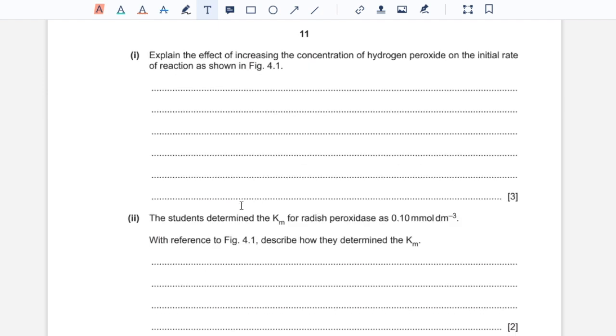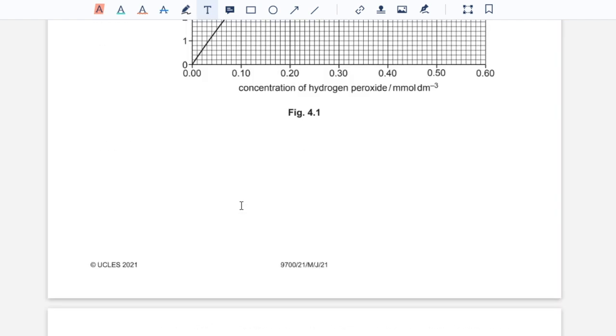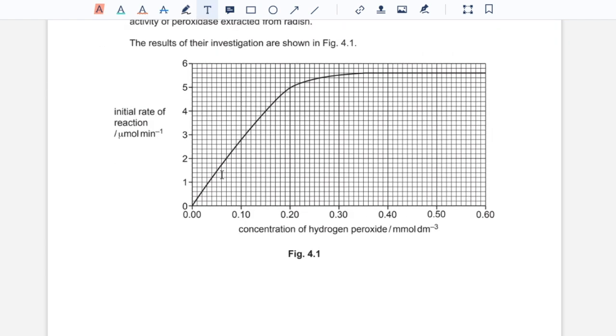1. Explain the effect of increasing the concentration of hydrogen peroxide on the initial rate of reaction as shown in figure 4.1. You could go with the usual answer for this type of question, around the stage where the rate of reaction increases from 0 to 0.033 millimole per dm cube of hydrogen peroxide.